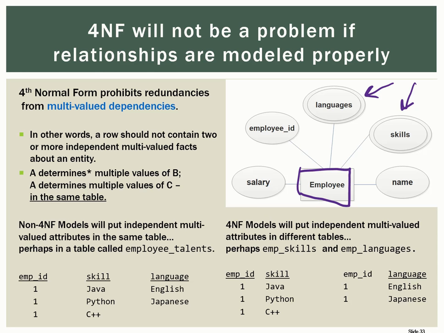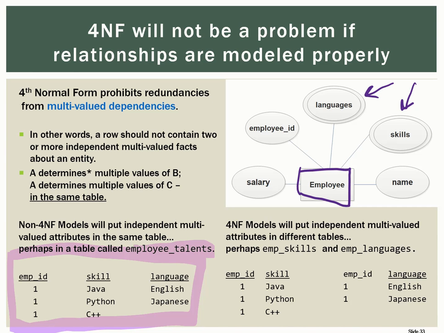Fine. So one way to do this, which I would not recommend, would be over here on the left, where we have a table that has the employee IDs, the skills, and the languages. And it just treats them in one table called employee talents. I guess this is designed to save space or to save the number of tables.